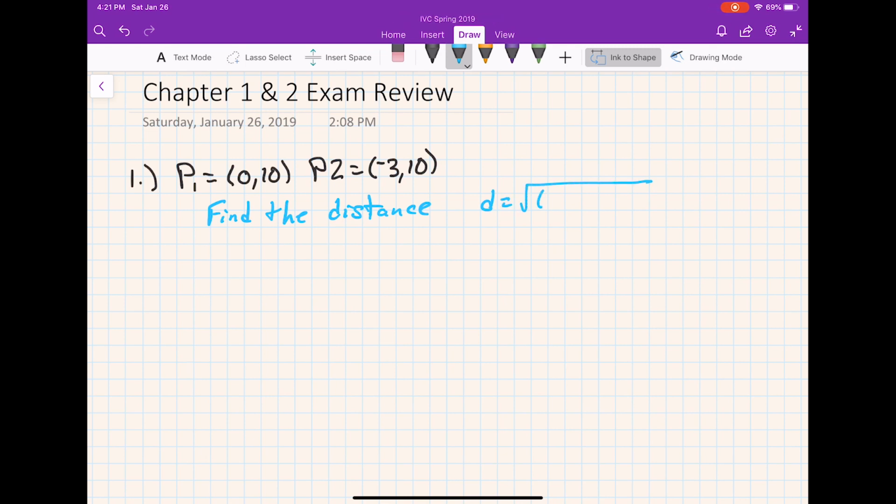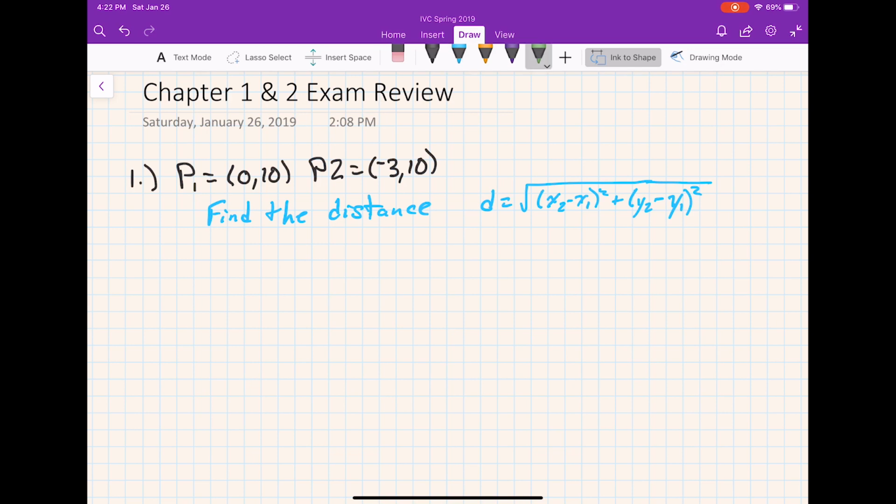D equals the square root of the quantity x2 minus x1, squared, plus the quantity y2 minus y1, squared. Wow, I hope I don't keep making these mistakes all the way through this video. It's already going to be really long.